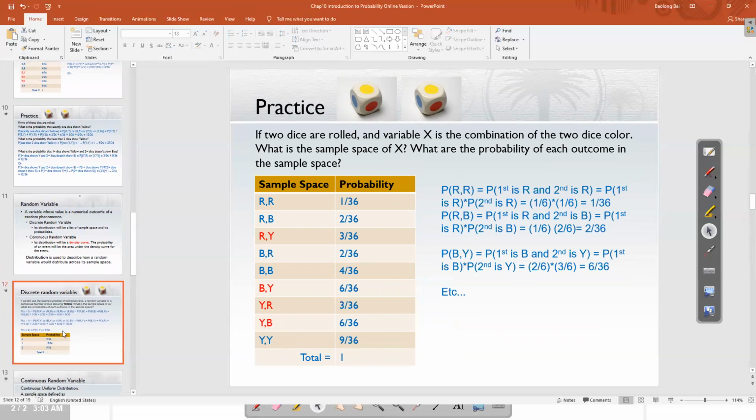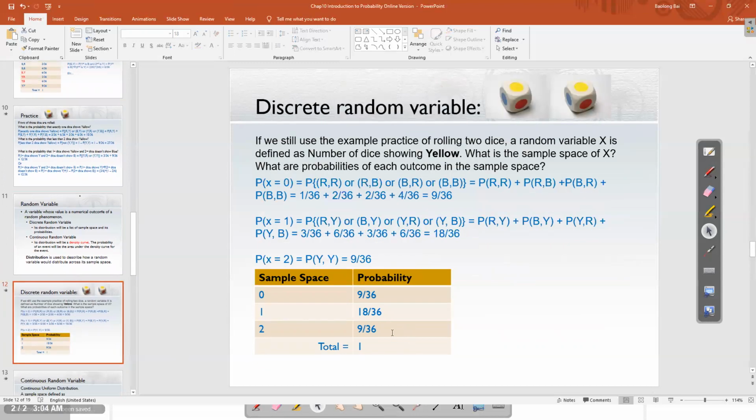So then the probability is 9 out of 36. So you can find all the probabilities. This is how you describe the distribution of a discrete random variable. So you make a table of it and list the sample space on one side and the probability on the other side. That's the distribution of a discrete variable.